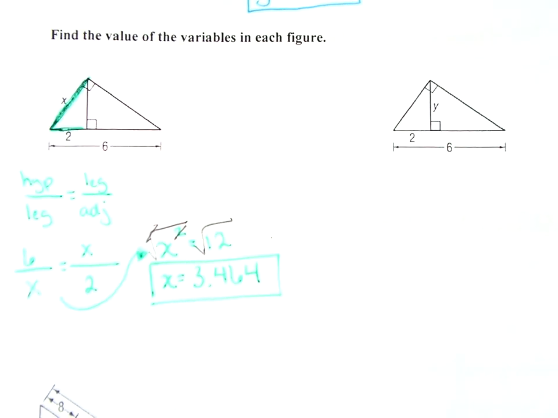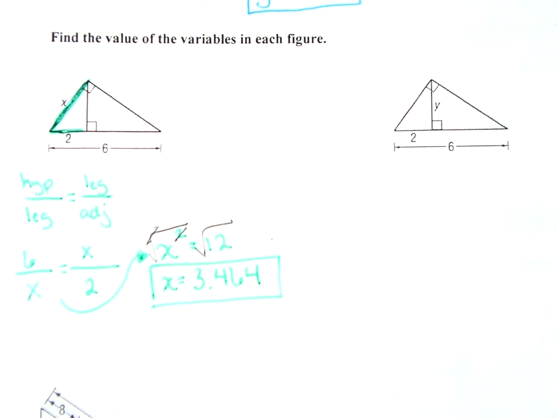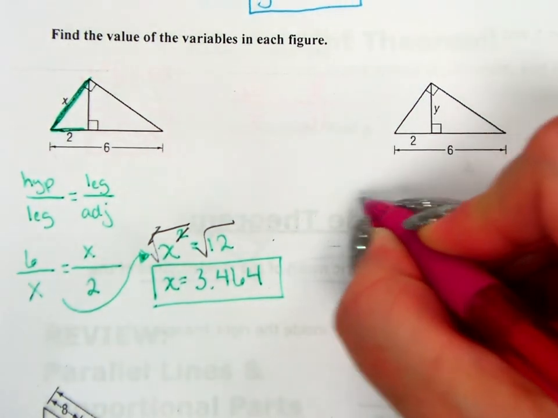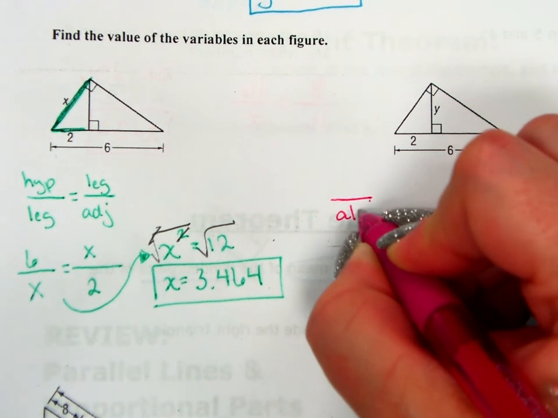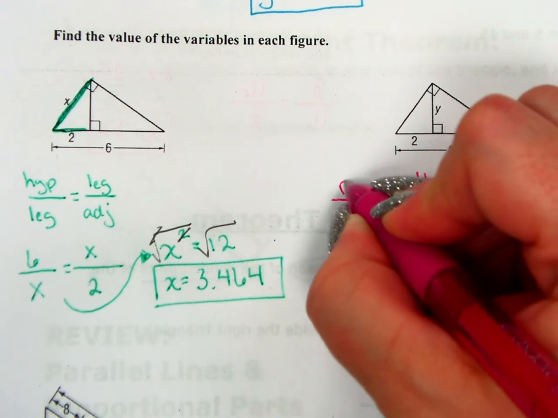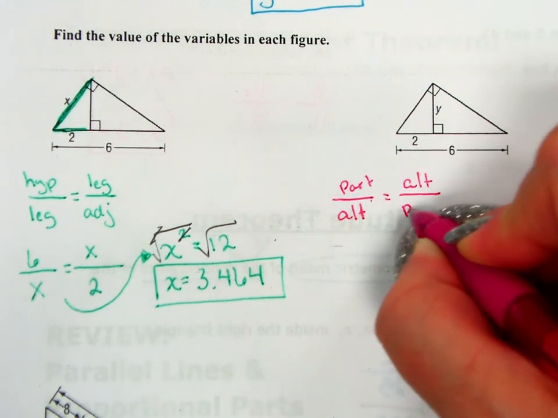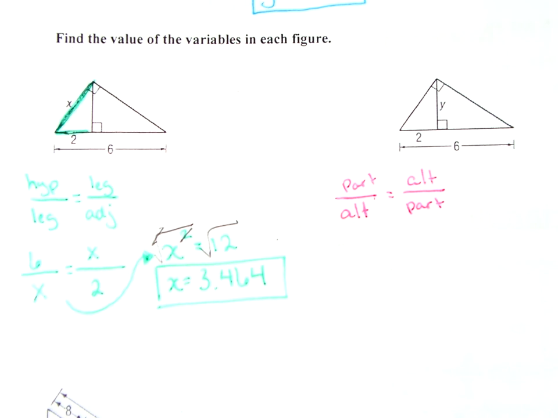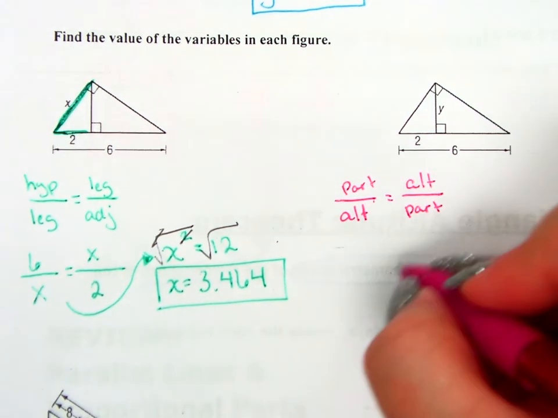Alright, the next one. Altitude or leg theorem? Altitude theorem. So that says the altitude is the geometric mean between part A and part B of the hypotenuse.